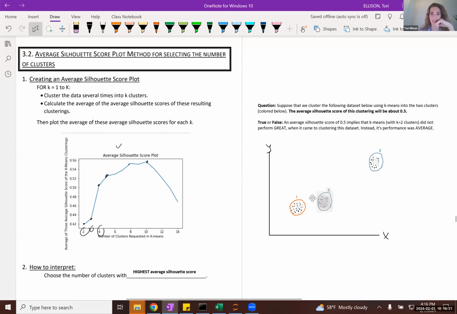So again, you want to be careful about how you compare the average silhouette scores found by clusterings for different data sets.